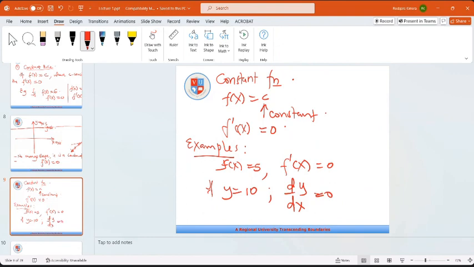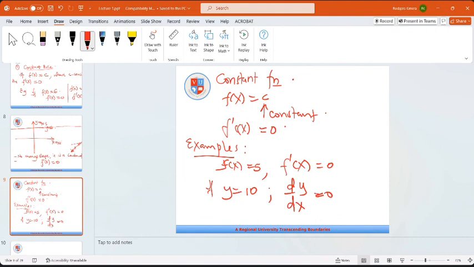So in other words, even if your function has a constant component, the derivative should be 0. I hope now we know what a constant rule is.